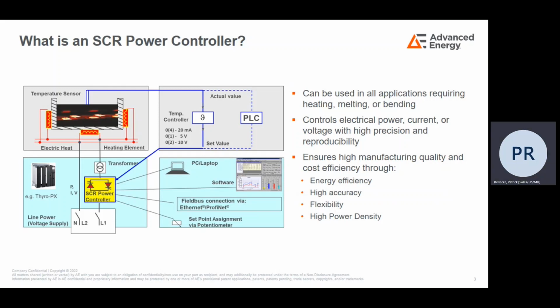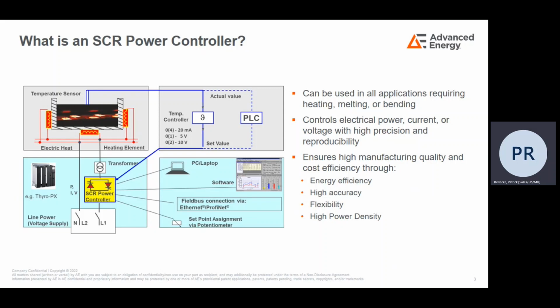In the diagram to the left of the screen, you can see what a typical application looks like. The bottom left quadrant represents the SCR power controller. It controls the power of the transformer applied to the heating elements in our top left quadrant. The temperature at the heating elements is typically measured by a thermocouple or pyrometer and provides feedback to the customer's control loop.